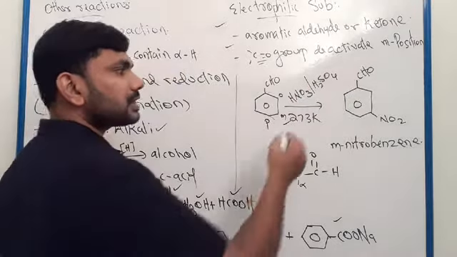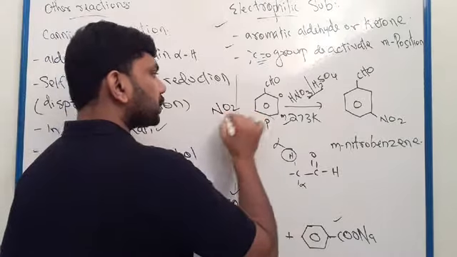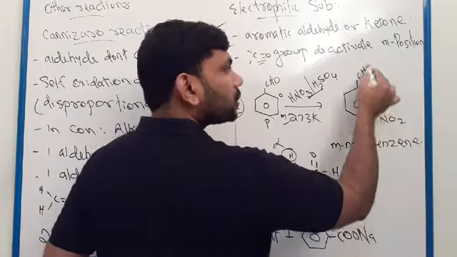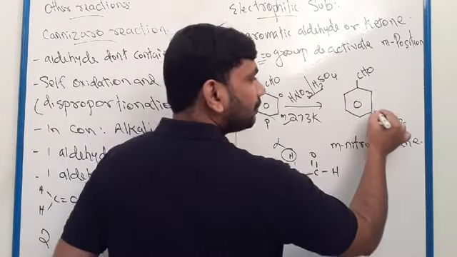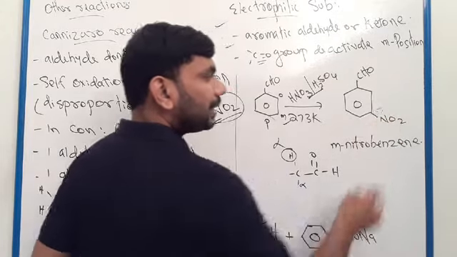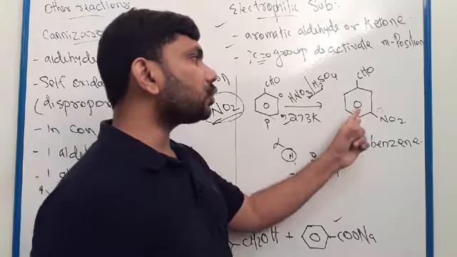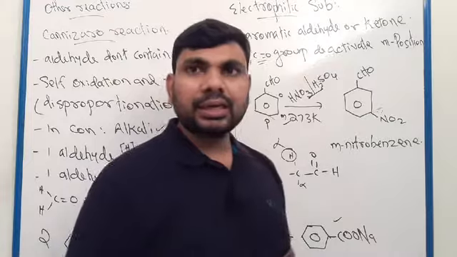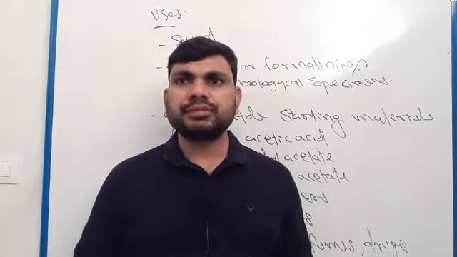So here this is the nitrating mixture, NO2 will be substituted, and this NO2 will be in the meta position because the carbonyl group of aldehyde and ketone deactivates the meta position, that's why NO2 comes in the meta position. So here it is meta-nitrobenzaldehyde.